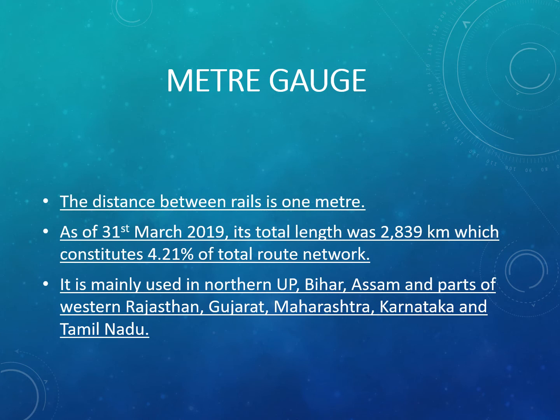As of 31st March 2019, its total length was 2,839 km, which constitutes 4.21% of total route network. It is mainly used in northern Uttar Pradesh, Bihar, Assam, and parts of western Rajasthan, Gujarat, Maharashtra, Karnataka, and Tamil Nadu.